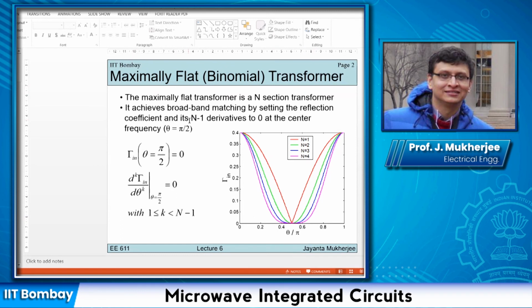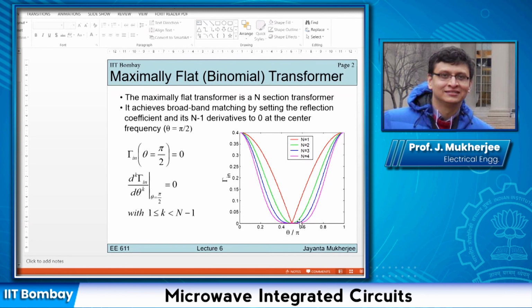When we discuss the Chebyshev transformer, we will see that this flatness doesn't exist. Instead, there will be ripples. So the advantage of this binomial transformer is this flatness. Flatness is always desired. It doesn't cause variation in amplitude.